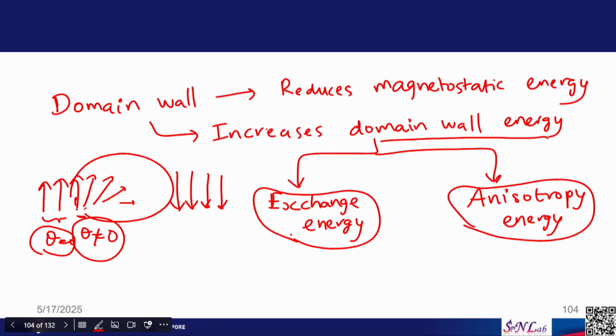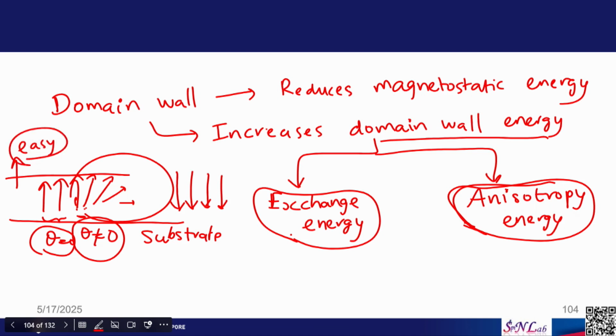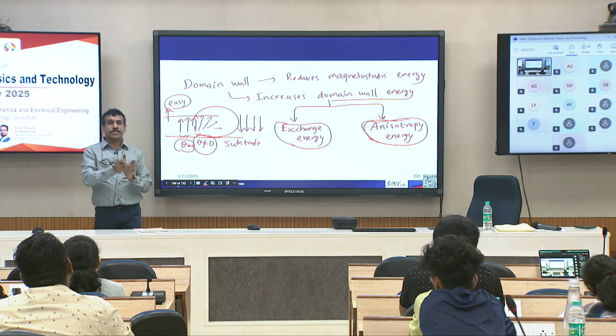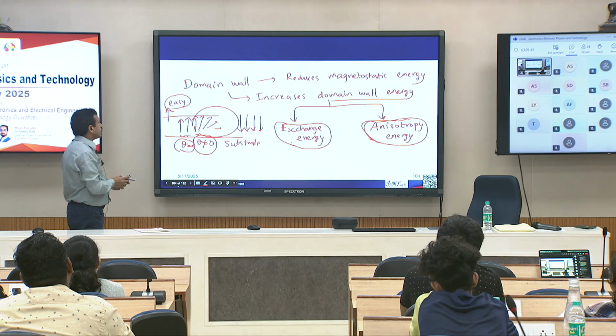Secondly, where does anisotropy energy come from? Let us say this is a perpendicular film, a film with a perpendicular anisotropy. Let us say this is your substrate and this is the film you prepared, it has an easy direction in the perpendicular direction. We know that the energy is minimum when the spins are pointing in the easy direction. If the spins are pointing away from the easy direction, then there is going to be some energy.